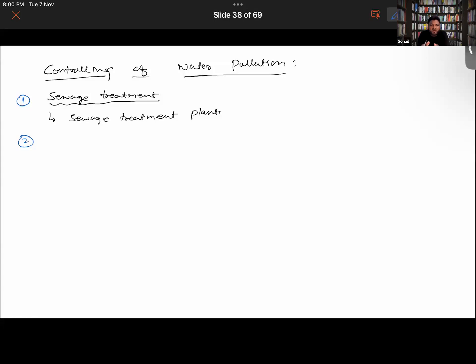So farmers actually need to be educated. It's not their fault, right? It's the responsibility of the government to set up institutions to educate the farmers to use fertilizers, insecticides or pesticides in the correct amount. So the second thing is educating.